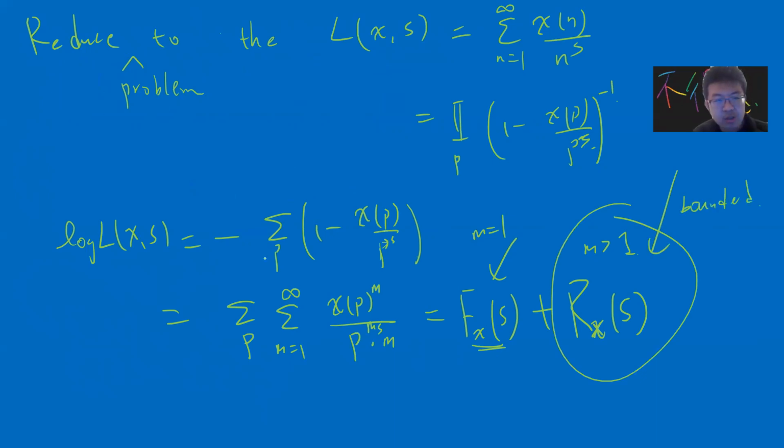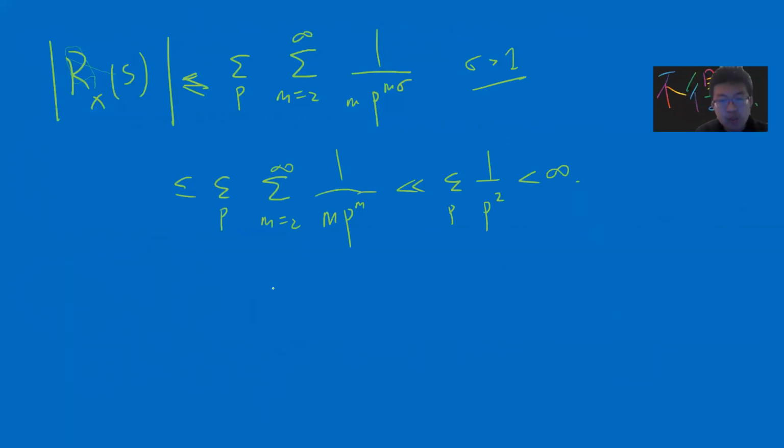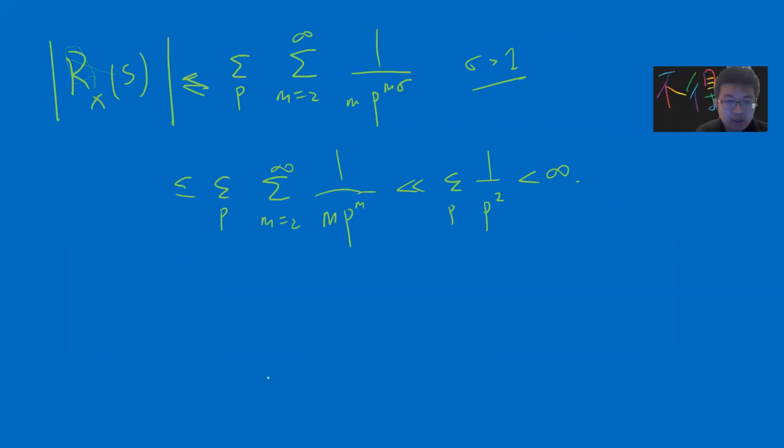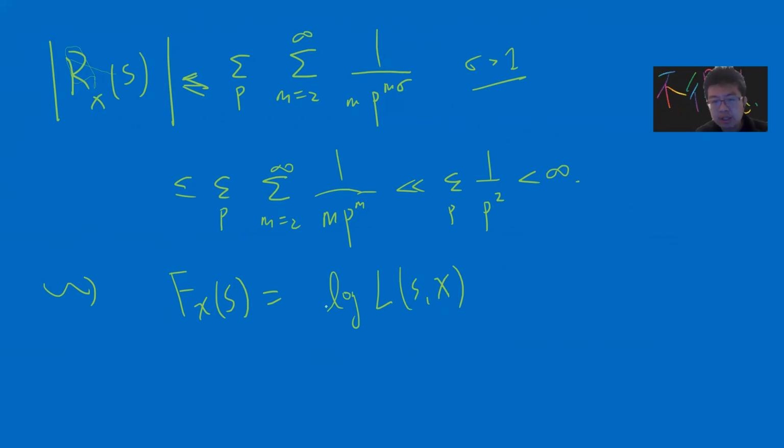So it looks like we already get an answer, right? We are very close to the result. The reason is this: if this is true, then I can write the equation as this. I can write f_χ(s) as log L_χ(s) up to an O(1) constant, as σ is greater than 1.